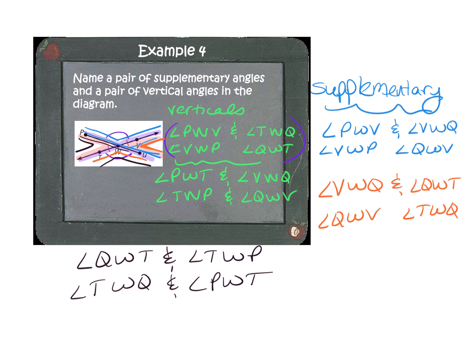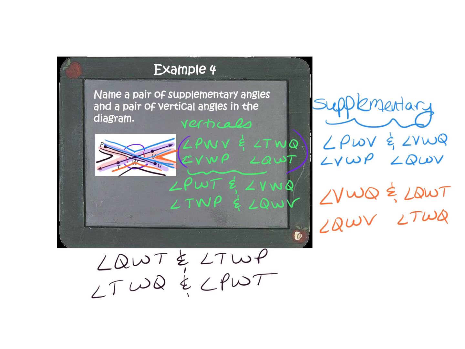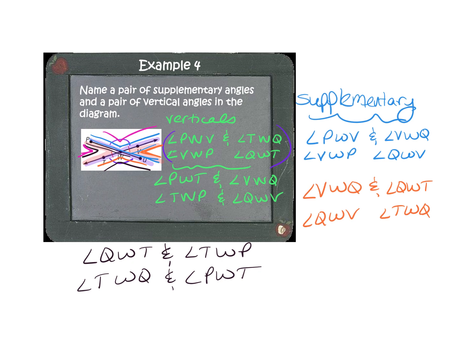And then I can go around one more time, maybe I'll go pink here. I can do the same one that I just did, along with this top one. So the last one could be angle PWT together with angle PWV, or in reverse, TWP and angle VWP. So these are all the supplementaries.